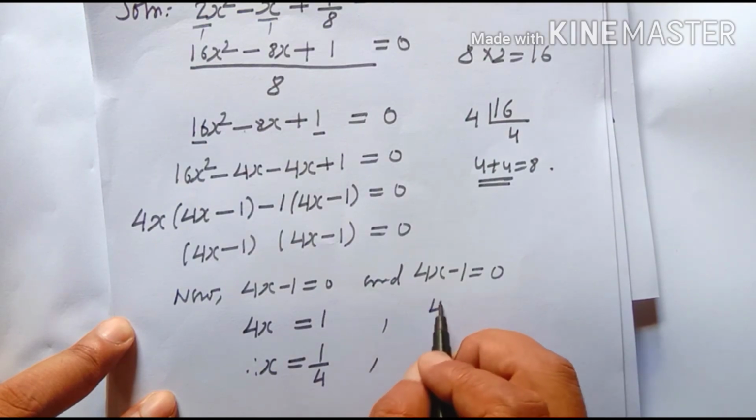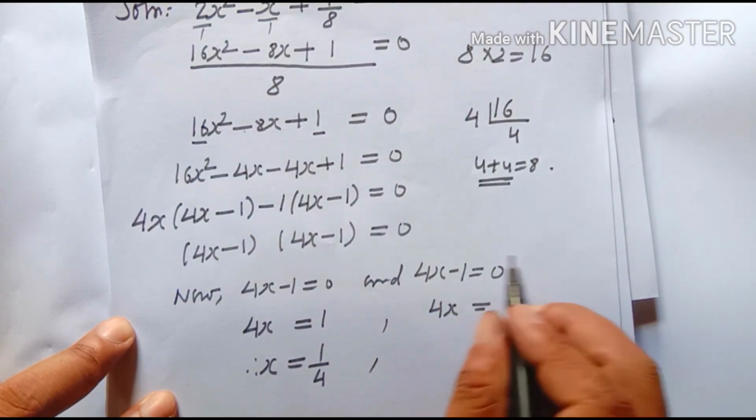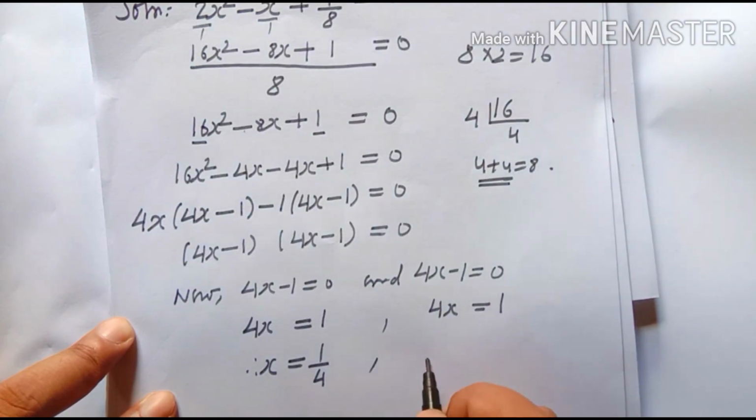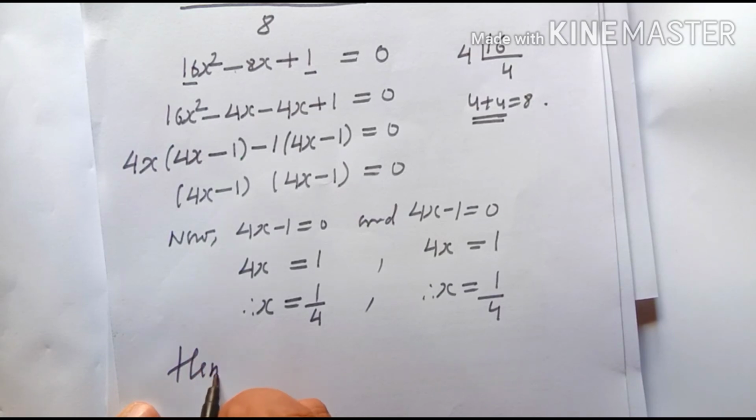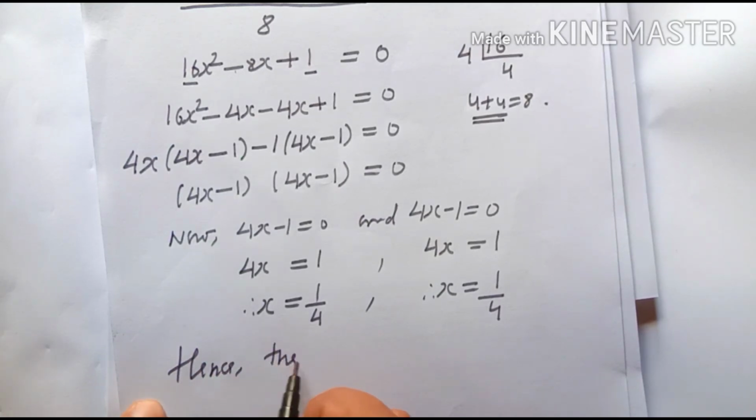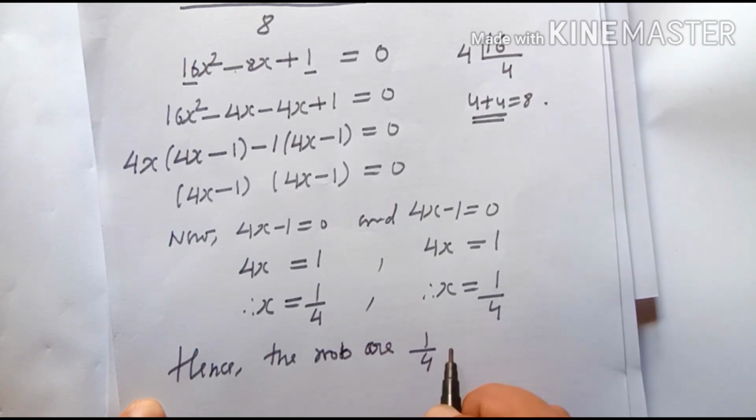Likewise here 4x, take this to the right side, so plus 1, therefore x equals 1 divided by 4. Hence the roots are 1/4 and 1/4.